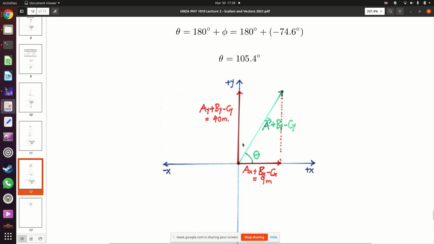There where we found ourselves is the same as moving from the origin along this green line, and this is your A plus B minus C, this green line. Okay. Are we clear on that? Yes, now we are clear.